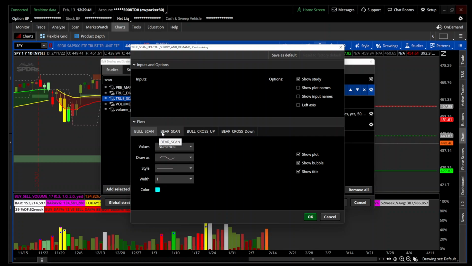You'll be able to do a bear scan for a new creation of a new supply zone. This would be obviously the cross up above a supply zone, and the bear cross would be a cross down below a demand zone.